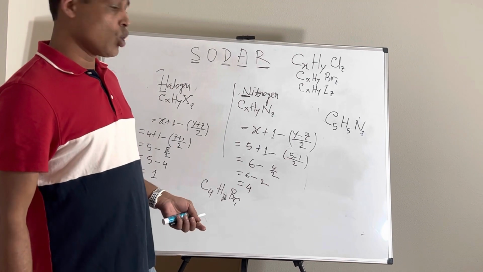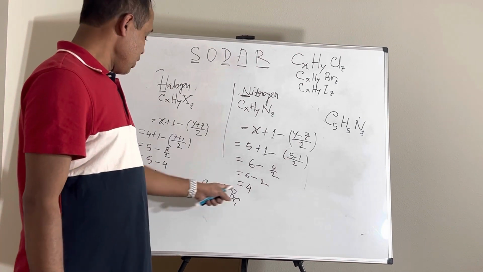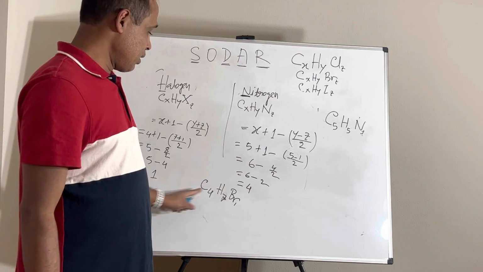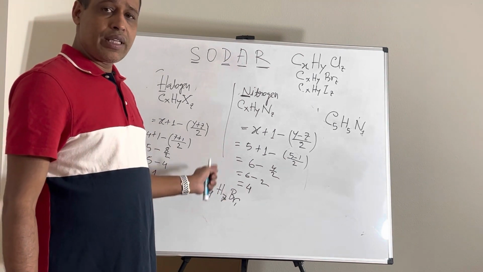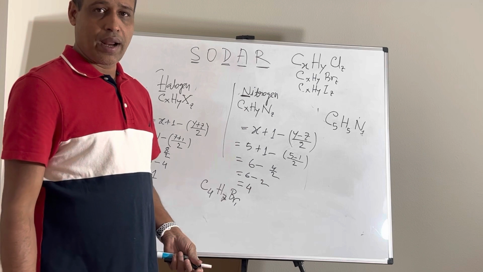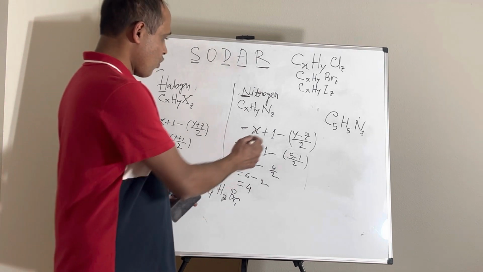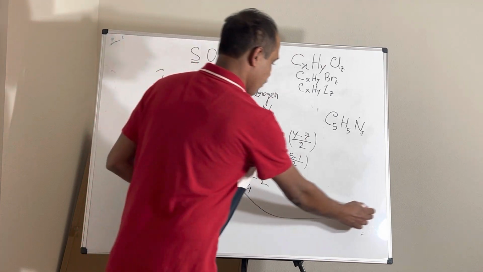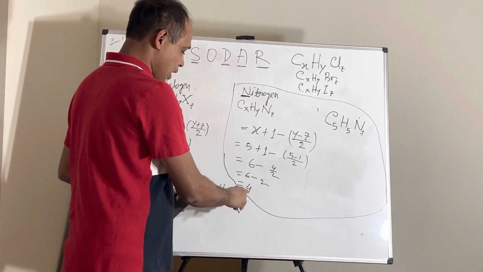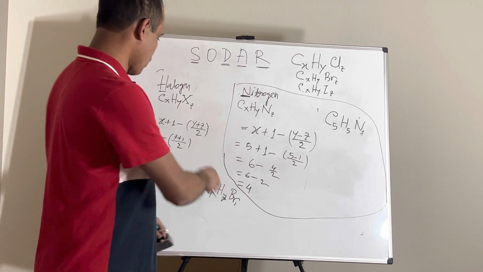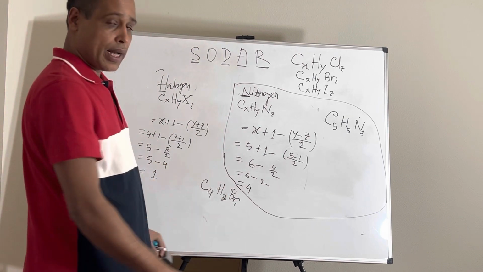Now once you know the number, you can find out what these SODAR numbers actually signify, like what they are saying. Okay, so for this molecule we got number 4, and for this molecule we got number 1.